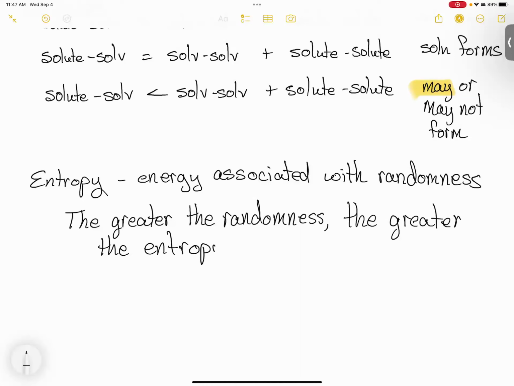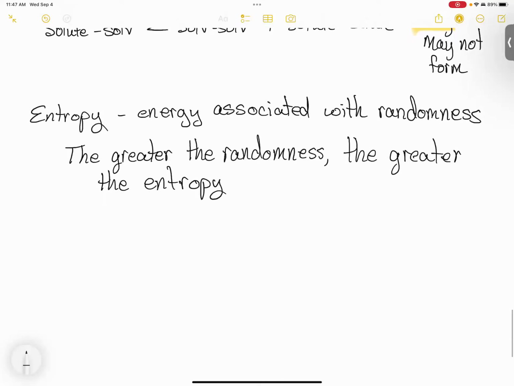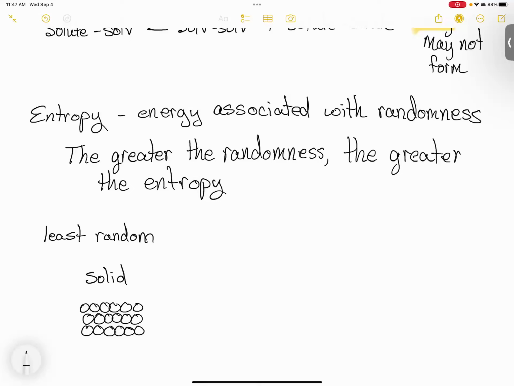From the perspective of state of matter, the least random type of state is going to be that of a solid. That's because every single one of the molecules are fairly well organized. The next thing in line is going to be that of a liquid, because we have greater disorder, greater randomness of the molecules.